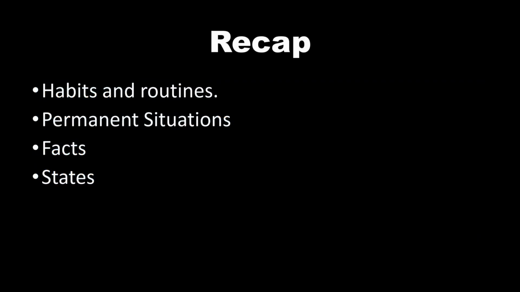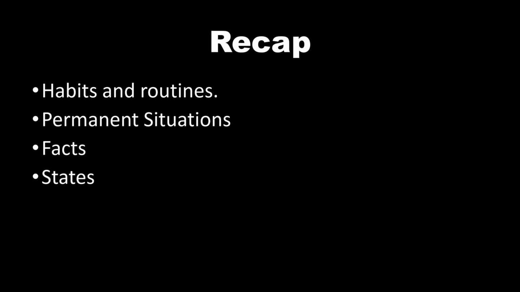So children, in this lesson we learned 4 uses of the present simple. First was habits and routines. We looked at some common frequency expressions like every morning, on Fridays, etc. and adverbs like always, sometimes, never, and so on. Then we talked about permanent situations, that is situations that don't change.